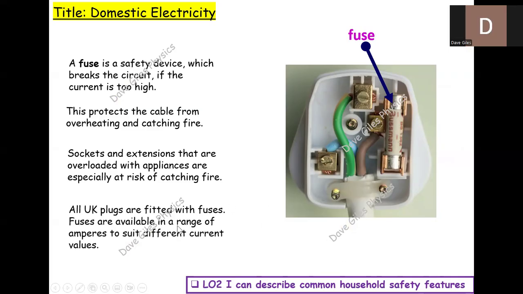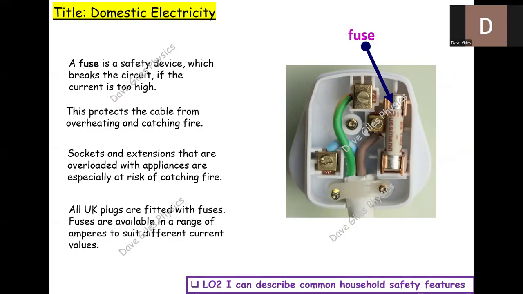All UK plugs are fitted with fuses. Fuses are available in a range of amperes, so that basically means current ratings to suit different current values. And we'll have a look at those current ratings in a moment. To point out, not all plugs have all three wires.